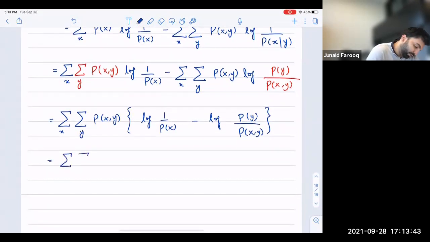So this is going to be summation over x, summation over y, p of xy. And now when you subtract the log, you can actually divide them. So it's going to become log of p of xy divided by p of x, p of y.